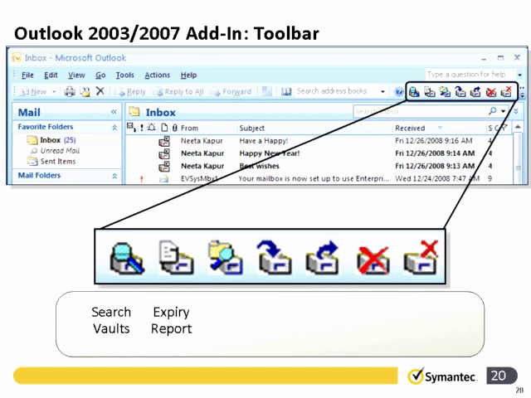You have the expiry report, which will show you your expiry report. And in an earlier lesson, we talked about the concept of using the retention category in association with expiry to automatically delete items. So you can see a report that gives you the status of that process. You can also open up the Archive Explorer. And when you select this option, we'll see a little bit later that you can configure it to either open up inside of Outlook, or you can have the Archive Explorer open in its own separate window.